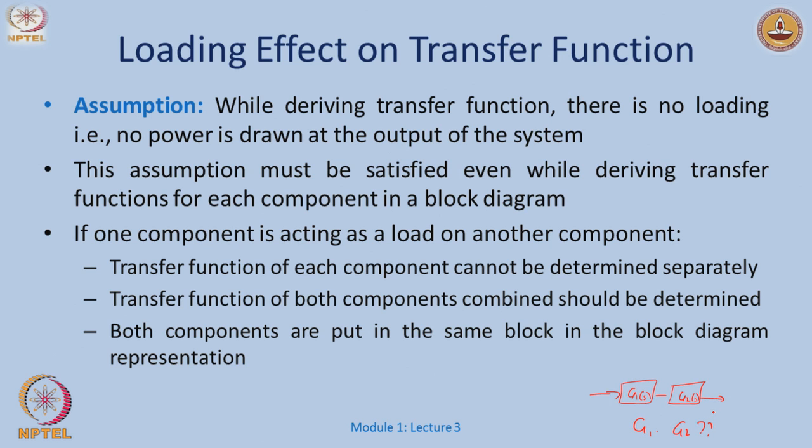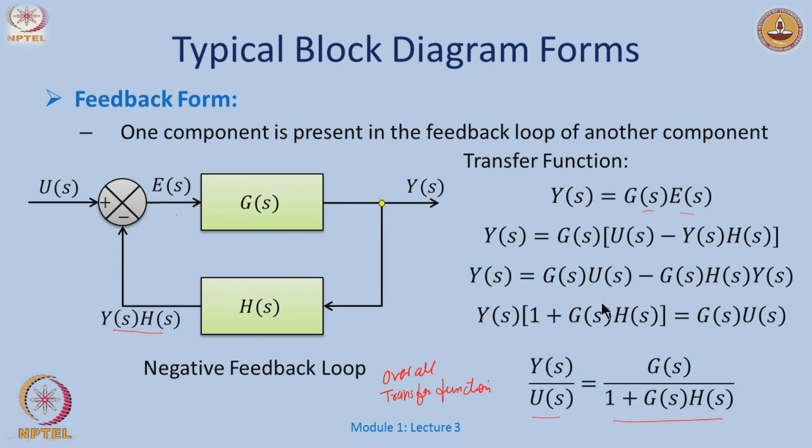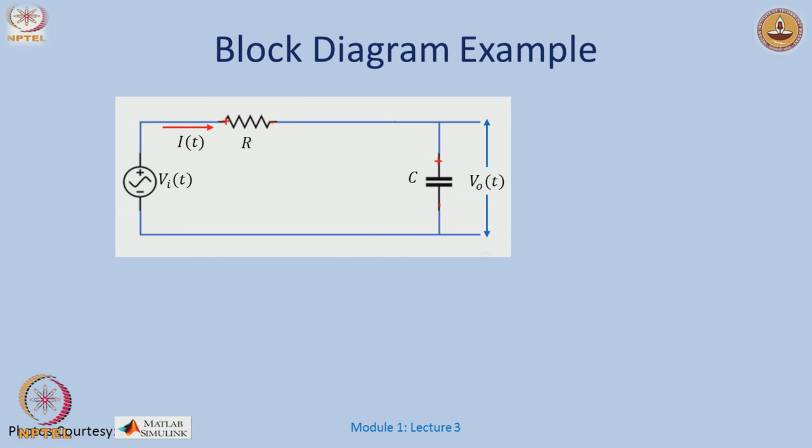So, let us first talk with an example. It is in this slide. If I am a little lazy, I could just look at this system as one RC circuit connected to another RC circuit. Okay, how did the transfer function of this RC circuit look? Let us go back a few slides.